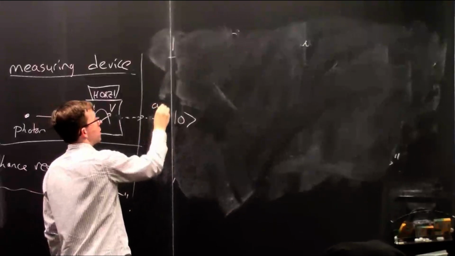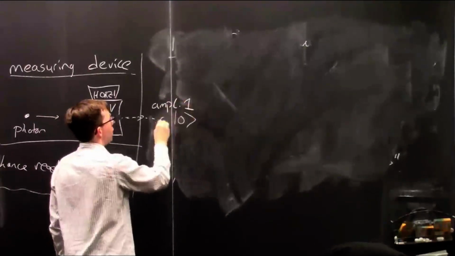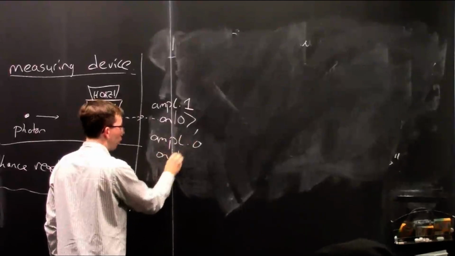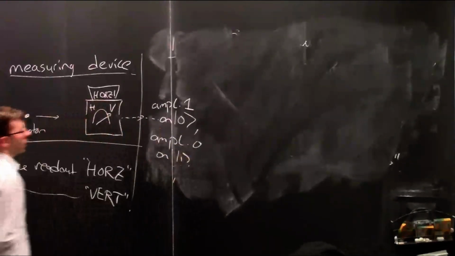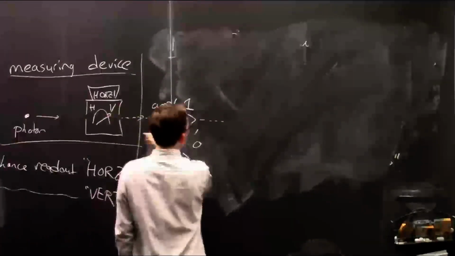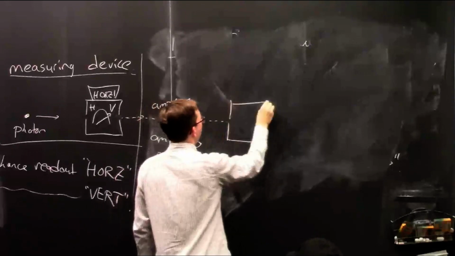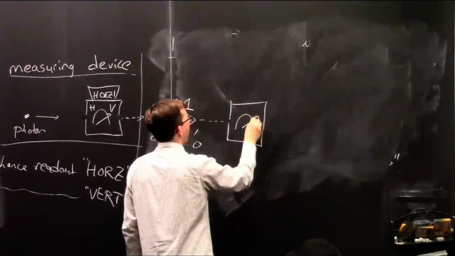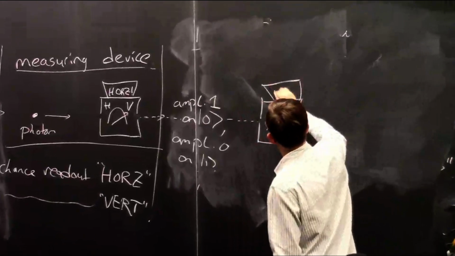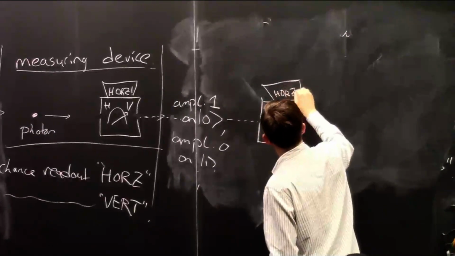But really, this means amplitude 1 on 0, and amplitude 0 on 1, 0 being horizontal and 1 being vertical. So that photon is still around. And if you just build a second copy of this machine, then it will always read out horizontal.